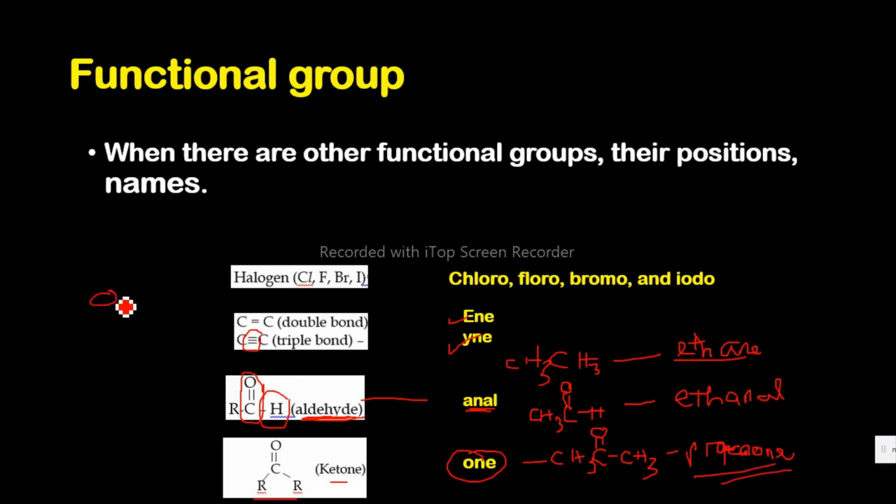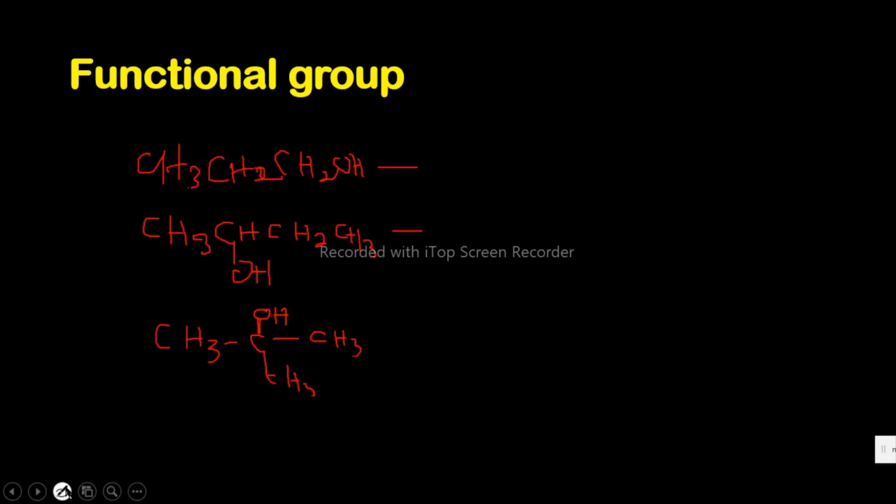If you have the OH, OH is named as ol. That's why ethanol is named as ethanol. Why? It is CH3, and then CH2, and then OH. So basically it is as simple.